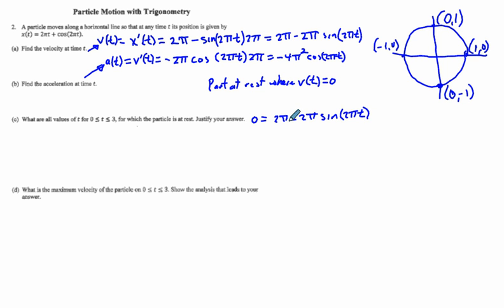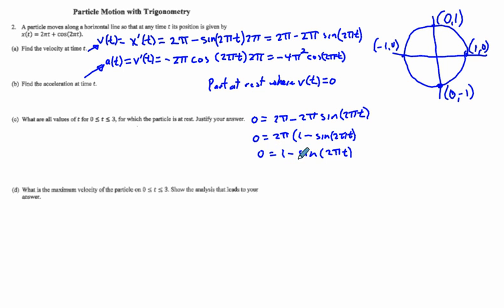And what could be helpful for us is to factor out this 2 pi. So 0 is going to be equal to 2 pi times 1 minus sine 2 pi t. And so that's going to happen where 0 is equal to 1 minus sine of 2 pi t.